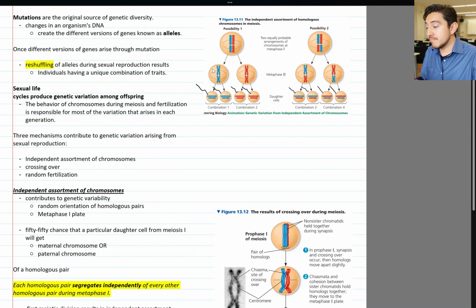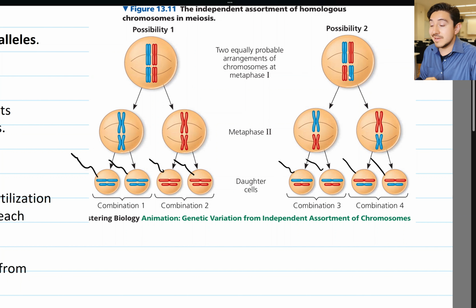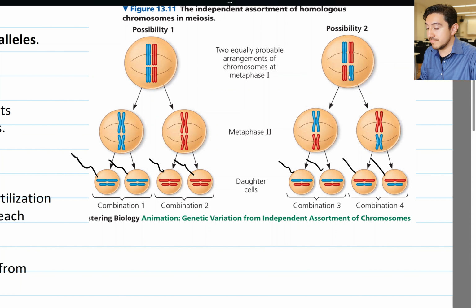Or you can just get, out of pure chance, possibility 2, where you get one homologous pair in which the colors are one way, and then another homologous pair which the colors are the opposite way. And because of that, when you undergo meiosis 1 and 2, ultimately you're going to get a different set of chromosomes. In this particular case, this combination number 3, combination number 4, and 2 and 1 and whatnot.